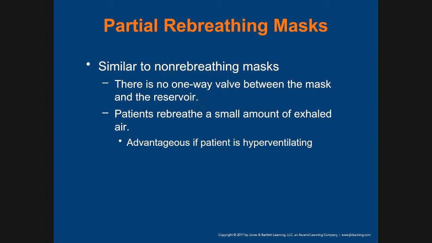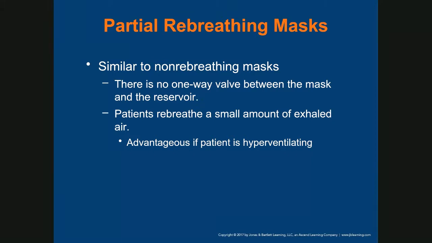Now, one situation in which I will use a partial rebreathing mask is if I have multiple patients that require high flow oxygen, right? So if I have multiple patients that need high flow, it is better to use a partial rebreathing mask. And with a partial rebreathing mask, you're looking at 6, 8 to 10 liters per minute.